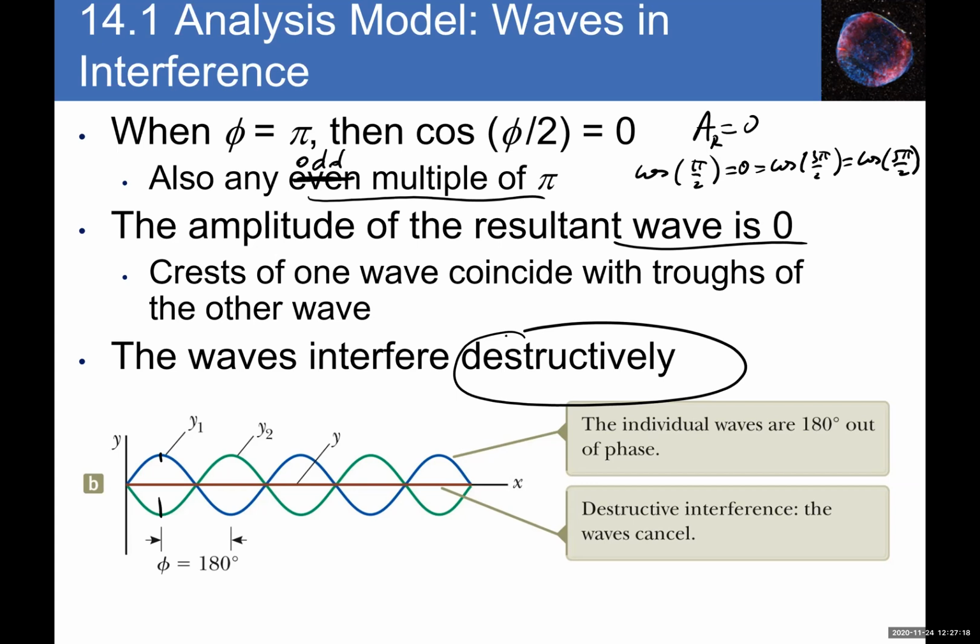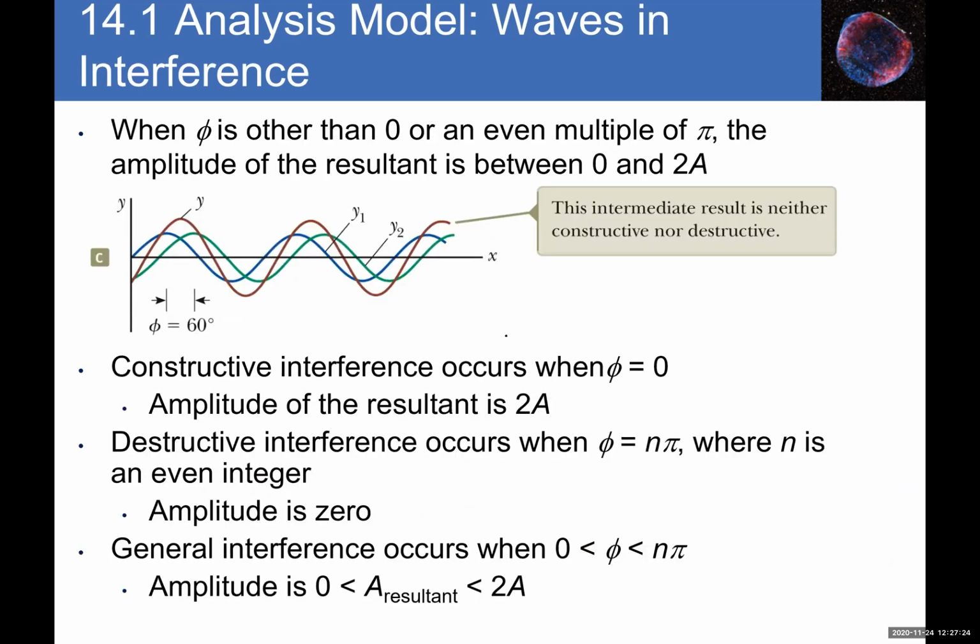So those are the things that we get in terms of the waves when they are overlapping. What if phi is something other than 0 or an even multiple of pi? Then the amplitude of the resultant is between 0 and 2a.